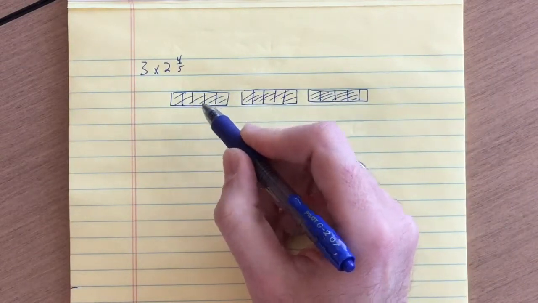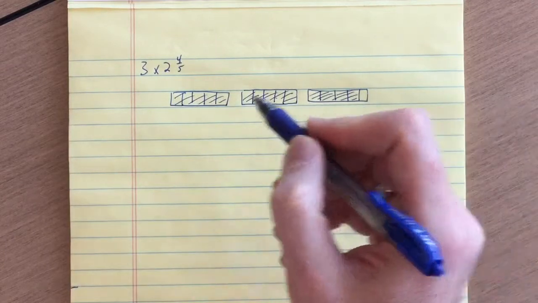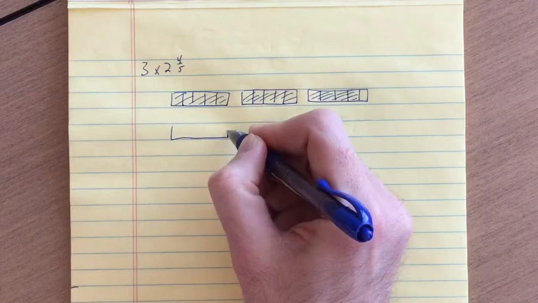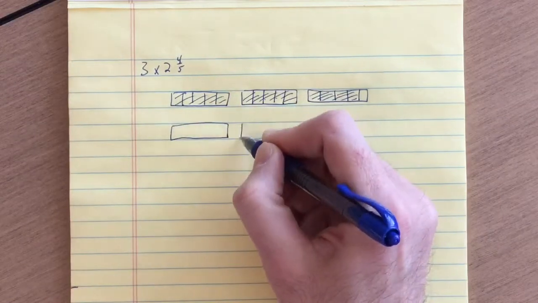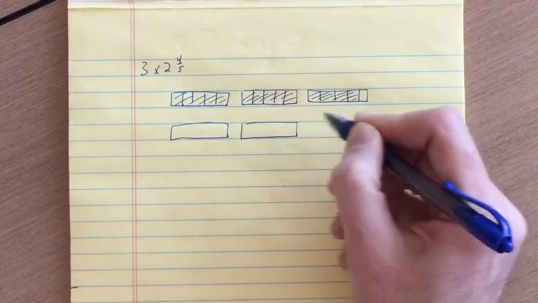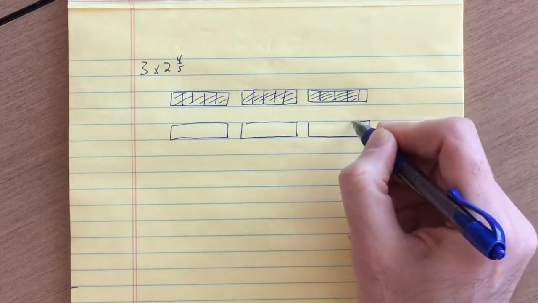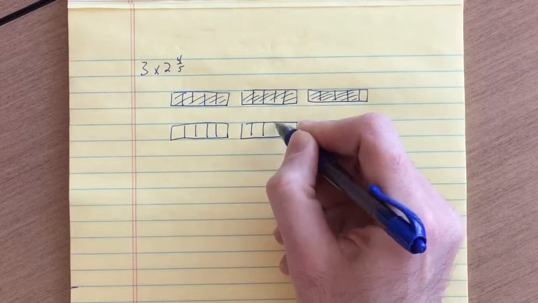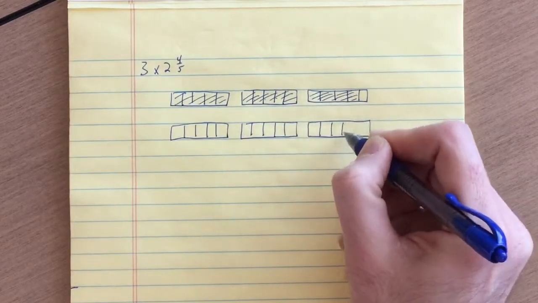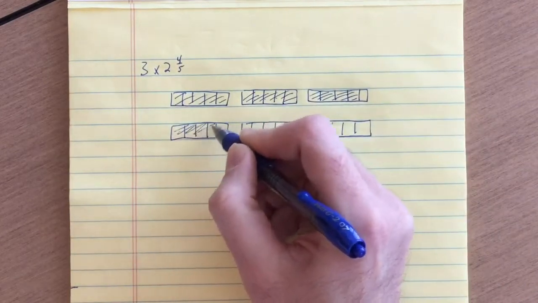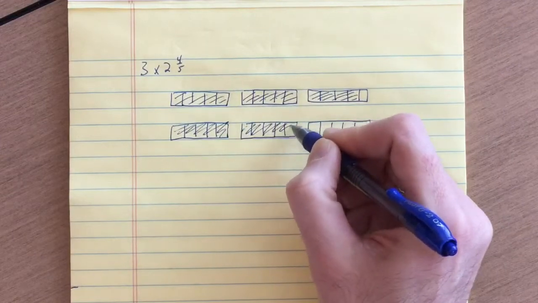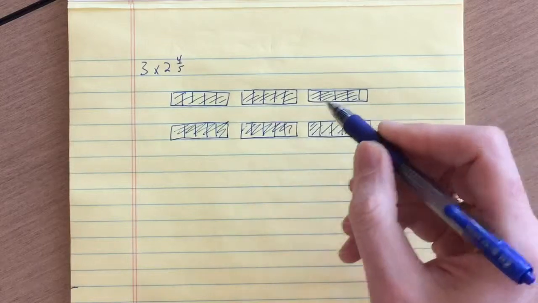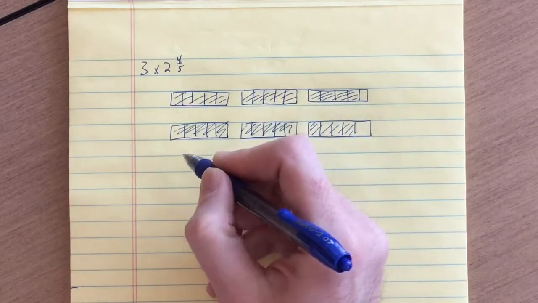That's one group of 2 and 4/5. I want 3 of 2 and 4/5. So I'm going to do this another time. One whole, 2 wholes, and 4/5. That's the second group of 2 and 4/5.